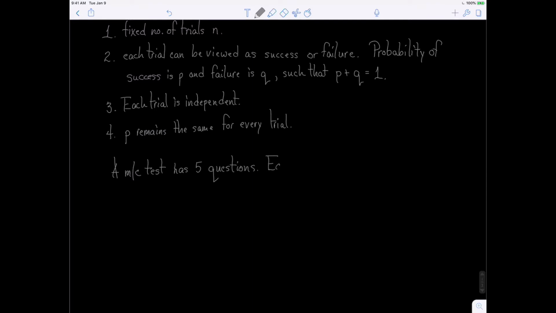Each question has 4 possible answers, of which only one is correct.